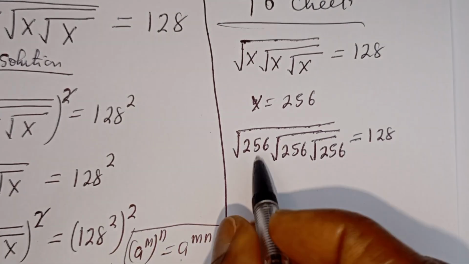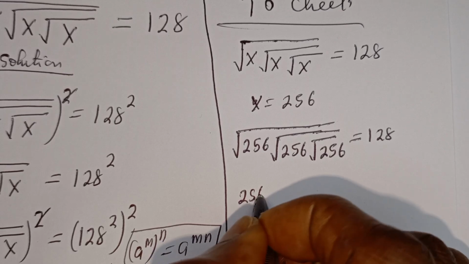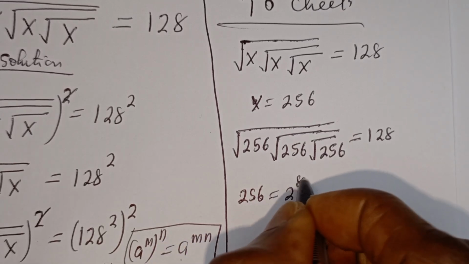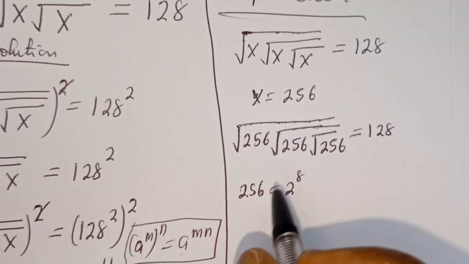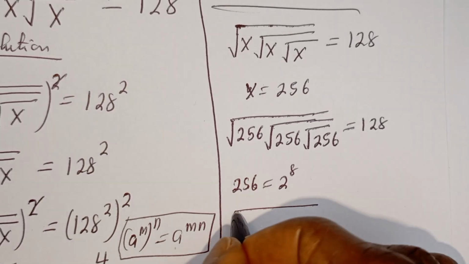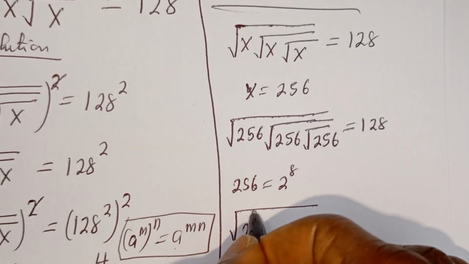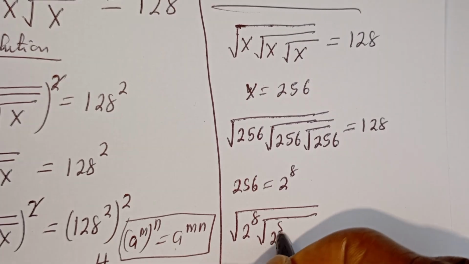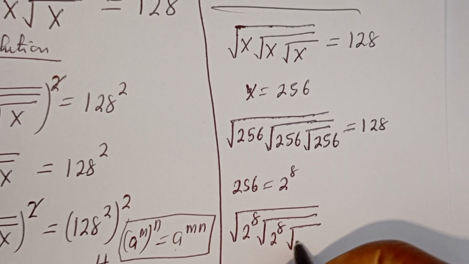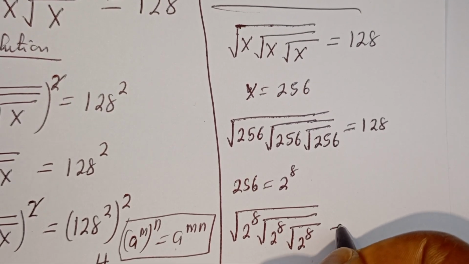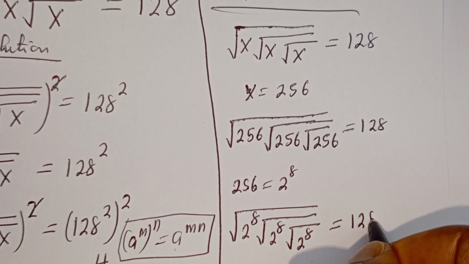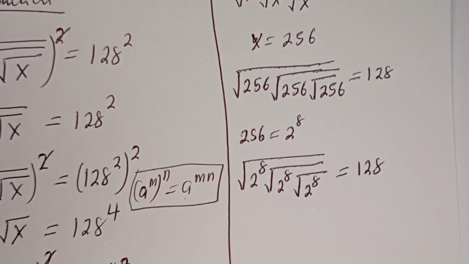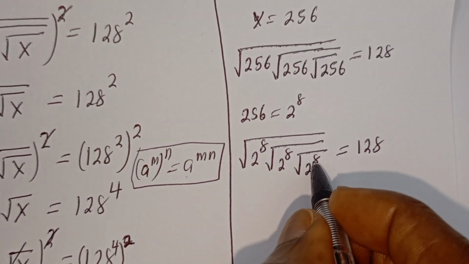But we know that 256 is equal to 2 to the power of 8, and this can be written as square root of 2 to the power of 8, square root of 2 to the power of 8, square root of 2 to the power of 8 is equal to 128. Now here, let's consider this.